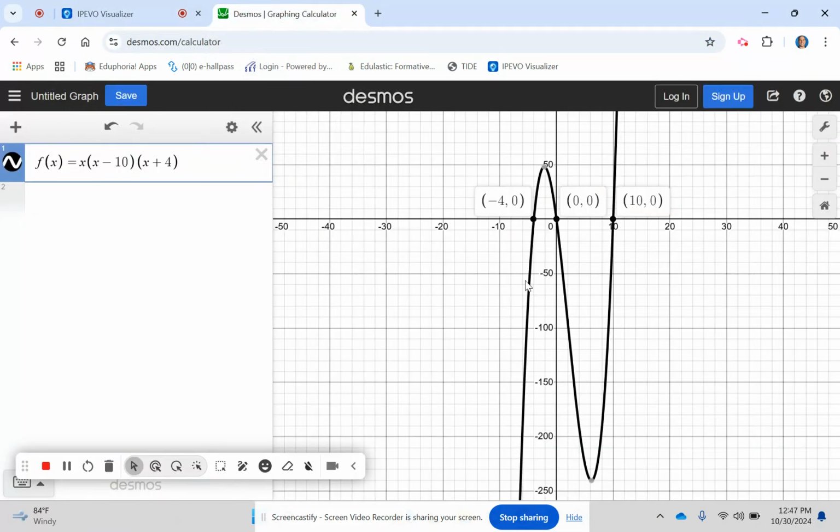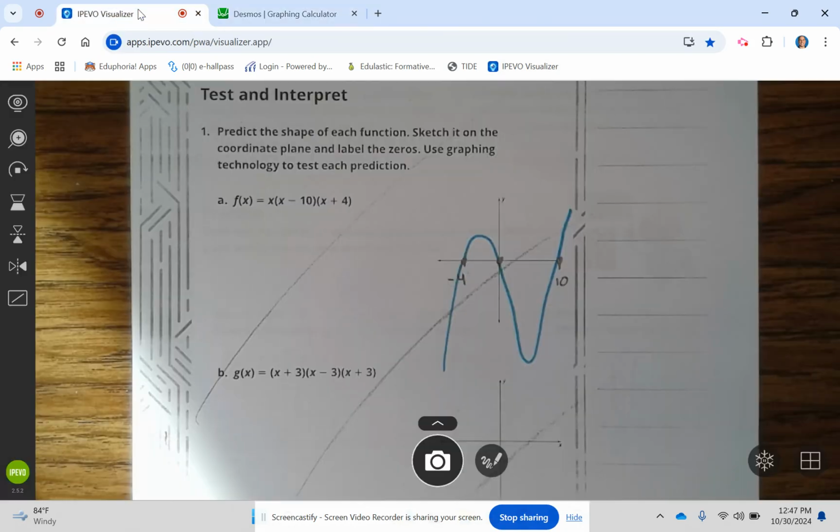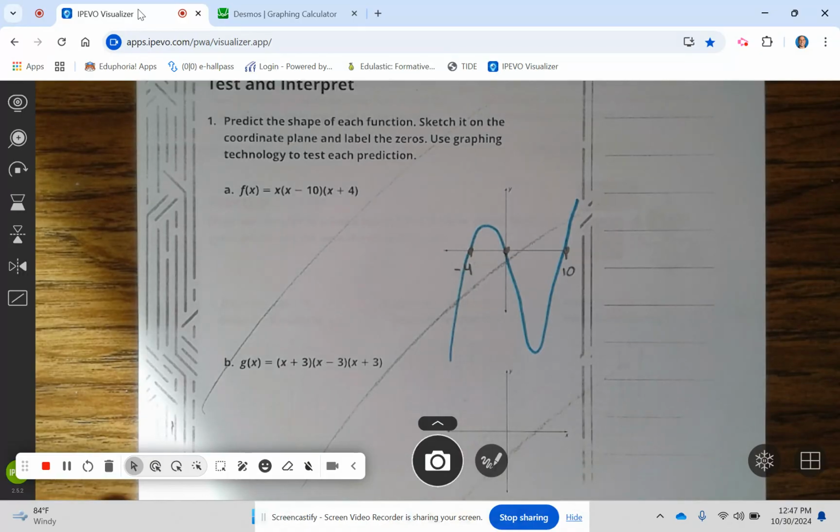So we're going to go up, back down, and so on. All right, so there's your sketch.